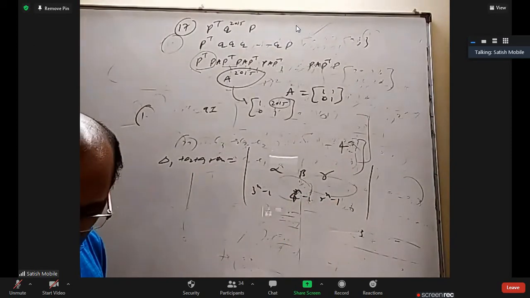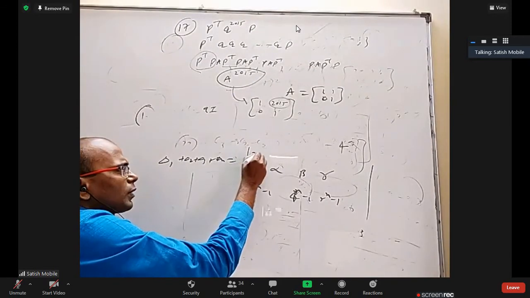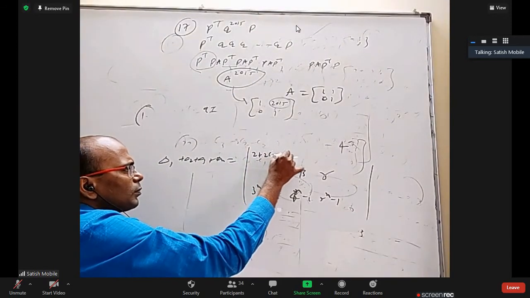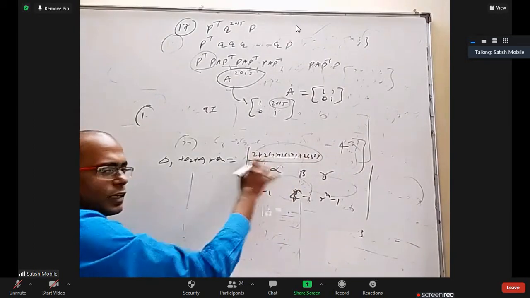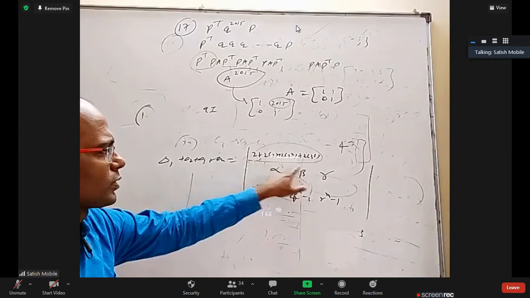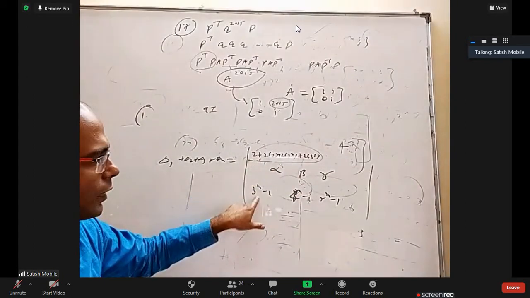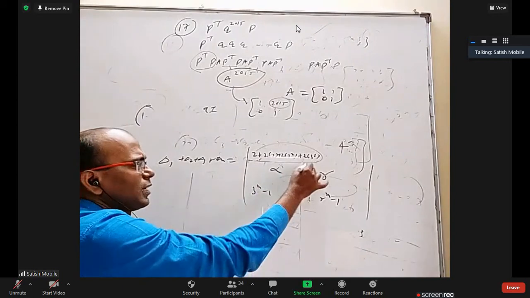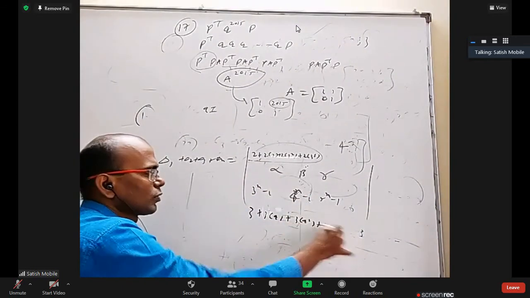Coming to the first row, 2 into 3 power k minus 1, you put k equal to 1, it will become 2 plus 2 into 3 plus 2 into 3 square plus 2 into 3 cube and so on. That is the first element. This is a geometric progression with first term 2, common ratio 3. When you find the sum of n terms, that will come exactly this. Similarly, the second element is 3 plus 3 into 4 plus 3 into 4 square, so on.